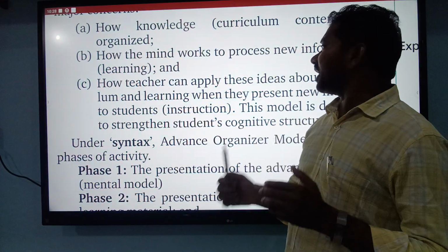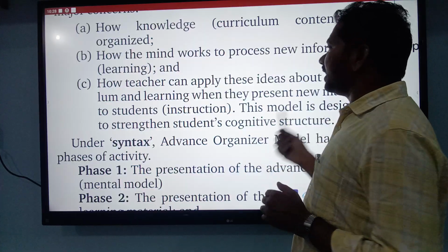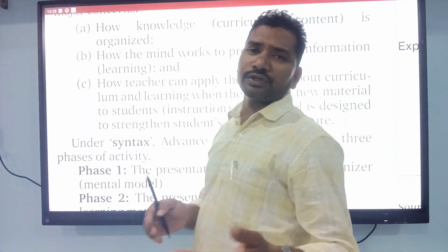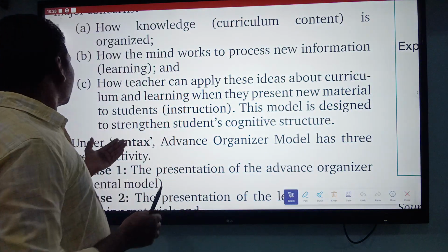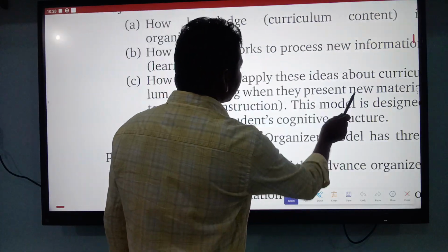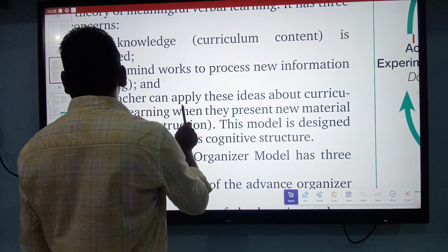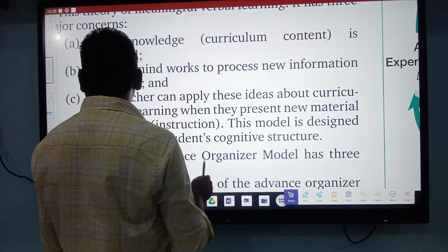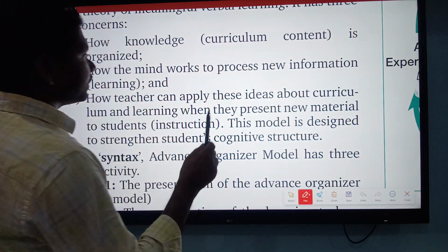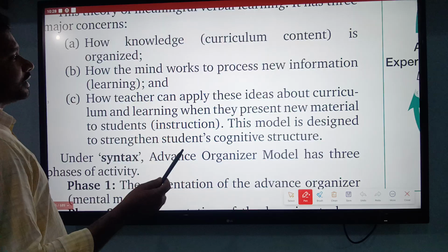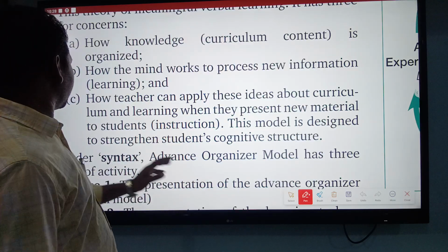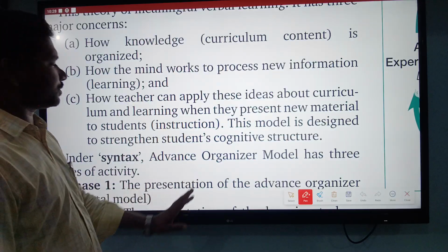And third is how teachers can apply this idea about curriculum and learning, how teachers can apply it to present new material to the student, or instruction. This model is designed to strengthen the student's cognitive structure.